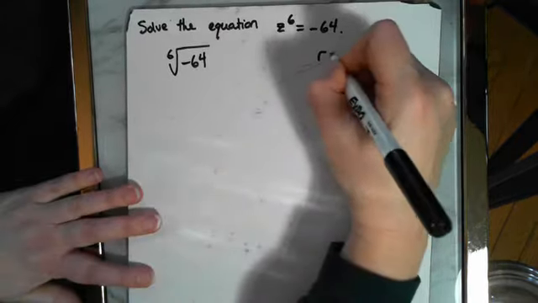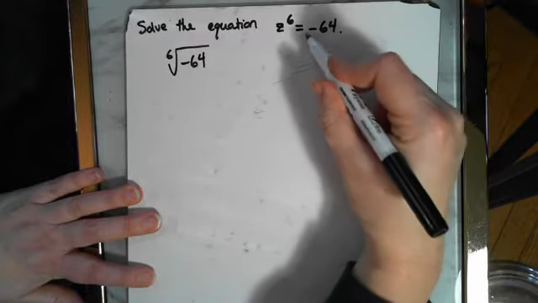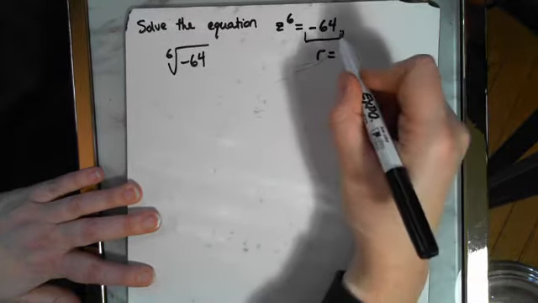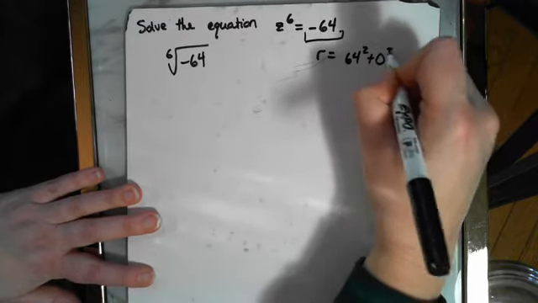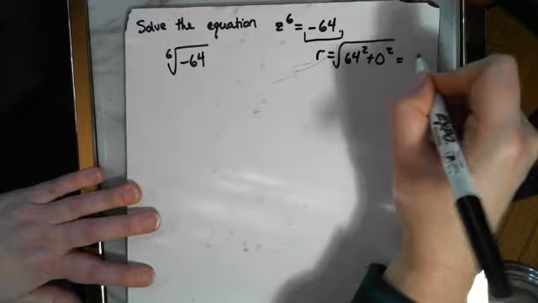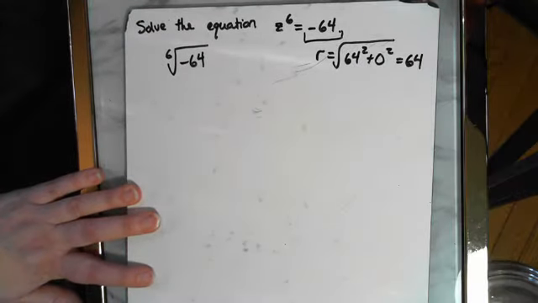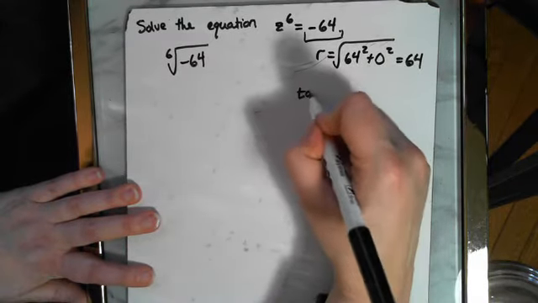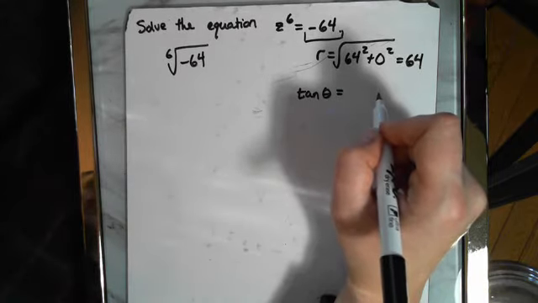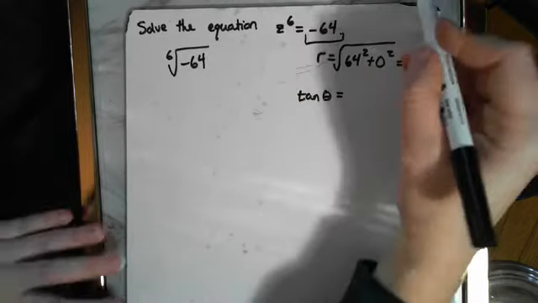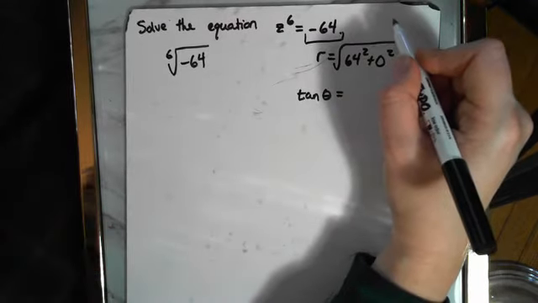So for my r, I'm just changing this. So it's 64 squared plus 0 squared and the square root of that, which is just 64. And for theta, I know tangent of theta equals y over x. Now, also notice that I can get a hint from graphing this.